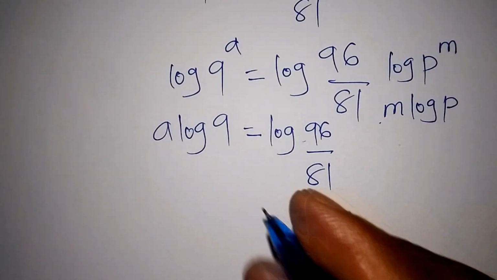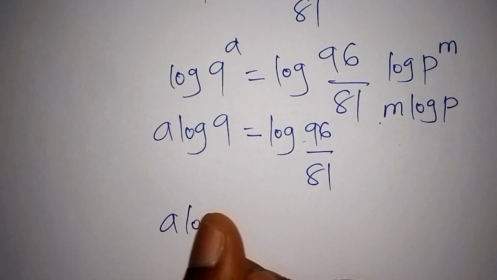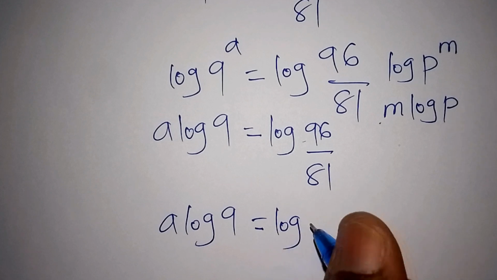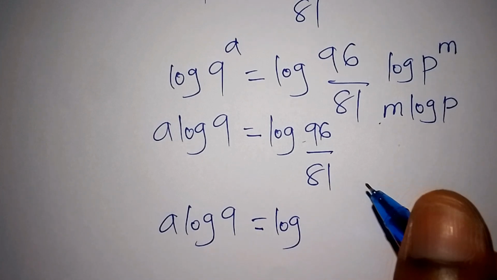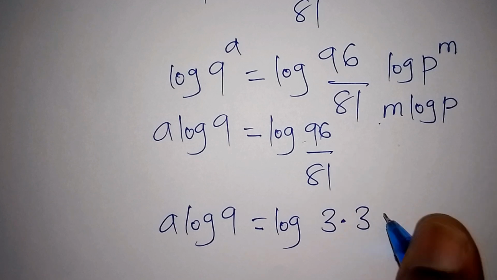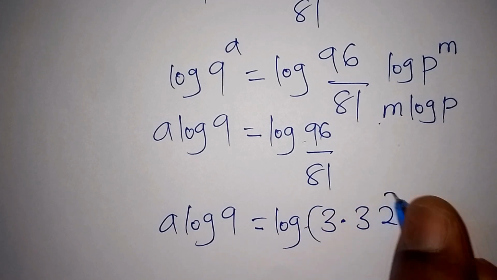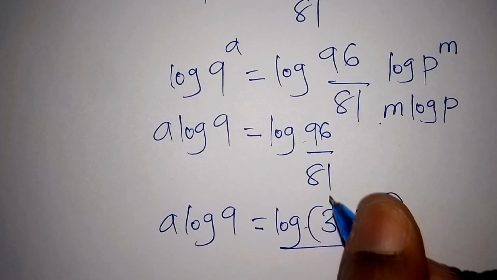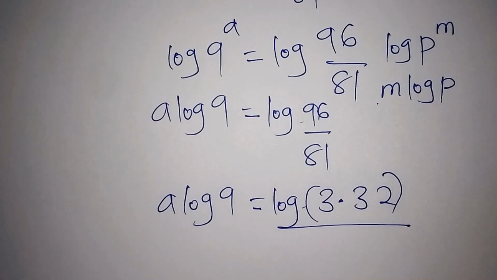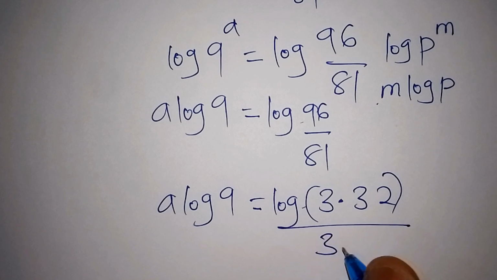So a log 9 is equal to, when you simplify this, the log of, so 96 can also be written as 3 multiplied by 32, all over 81, which can also be written as 3 multiplied by 27.